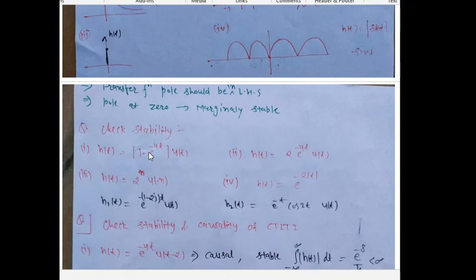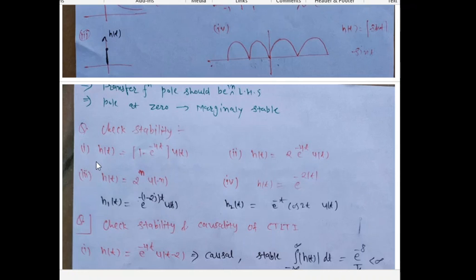First try to solve this question. Is this stable or not? One point to remember here: if the system is stable, then s(t) should be absolutely integrable. We already discussed stability on the last page: for stability of an LTI system, the impulse response should be absolutely integrable.